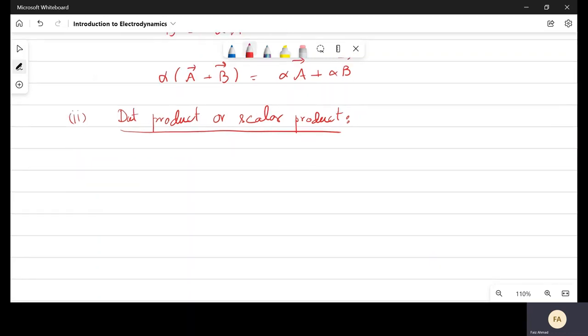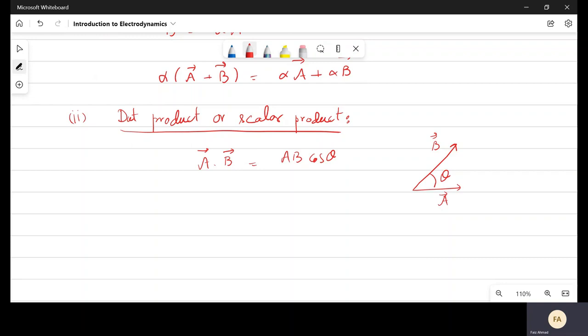So if we have two vectors, again A and B, the dot product is defined as A dot B is equal to AB cosine of theta, where theta is the angle between these two vectors. If we have a vector A and we have a vector B, so this is angle theta.